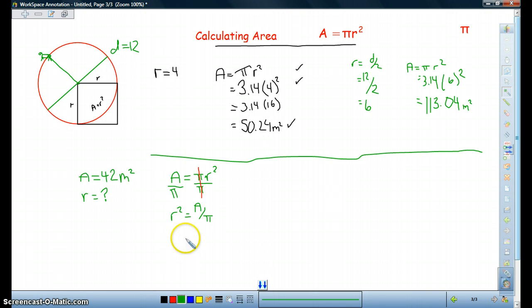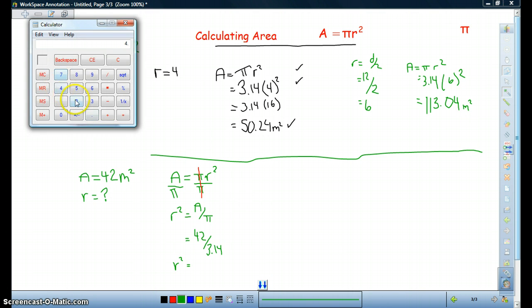And we'll do it this way, we'll plug all our variables in. The catch is we still have to deal with this exponent. There's still the x squared. So area is 42 divided by 3.14. And we have our radius squared is 42 divided by 3.14, 13.38.